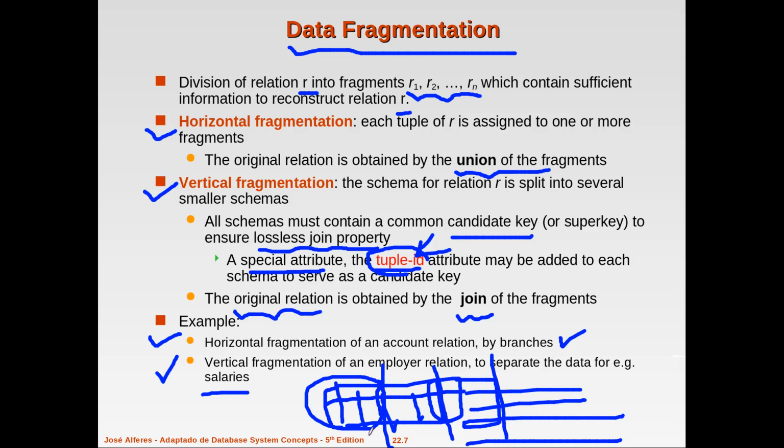The initial relation will have several other employee-related fields, but we only need the data related to salaries. So only some selected attributes will be retrieved as a fragment, and these fragments can be stored in different sites of the distributed database architecture.